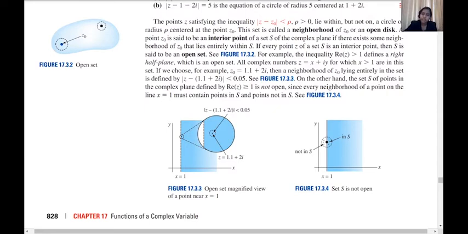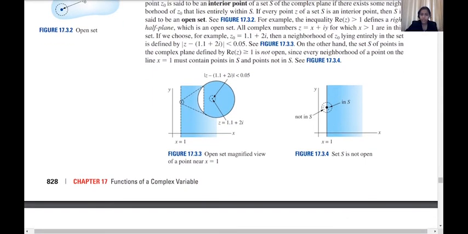For any other point, we will be able to find a neighborhood inside S itself, but if we choose the points which lie on the line x is equal to 1, then the neighborhood need not lie completely inside S. So in that case we can see that S is not open.